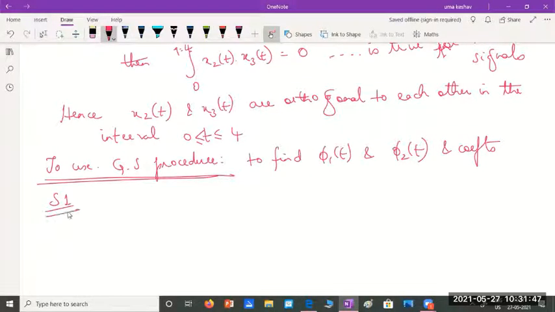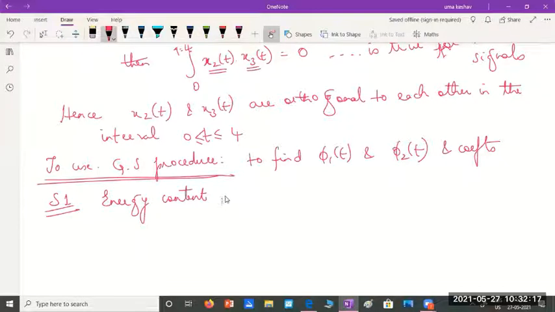You see how it is done. Understand this clearly. We'll be doing one or two more problems using a similar procedure. In step 1, based on our derivation, since we are considering x2 and x3 to be orthogonal to each other, let us try to find the energy content in each of these signals.